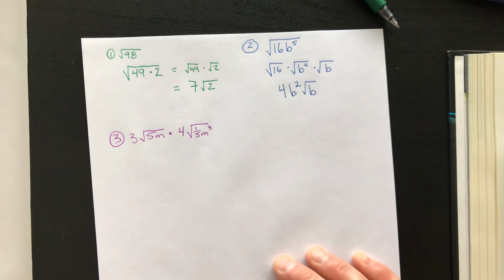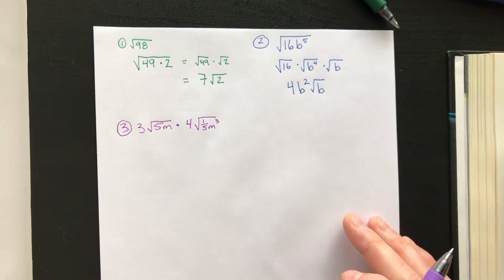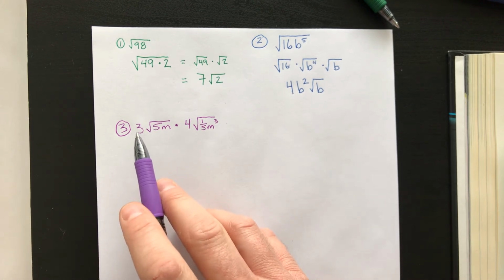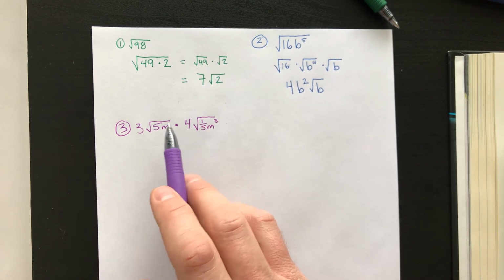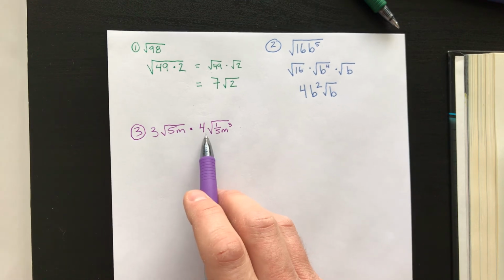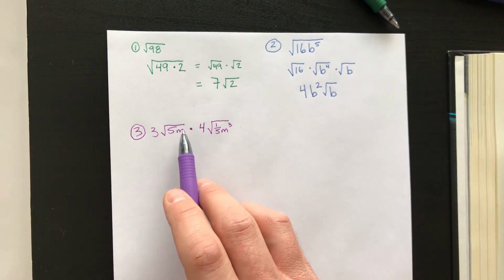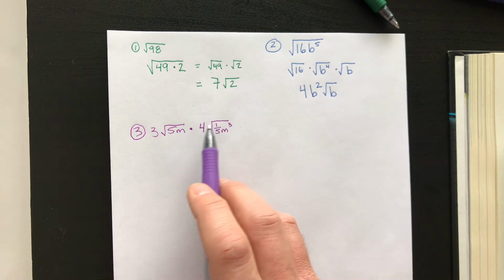This might look kind of messy, but it actually isn't. So here's another rule that they want you to learn. You can only multiply numbers that are outside of the radical together, and you can only multiply numbers inside of the radical together.